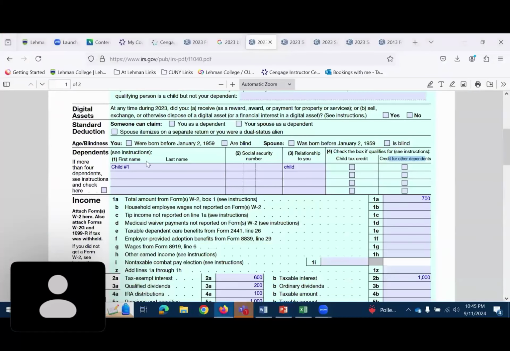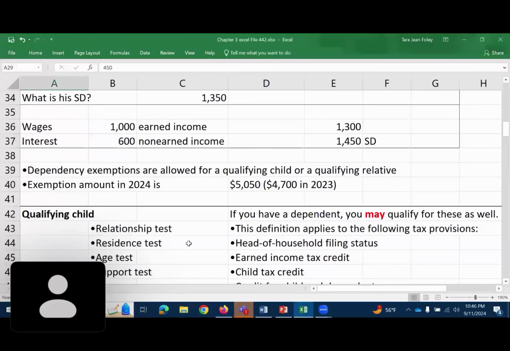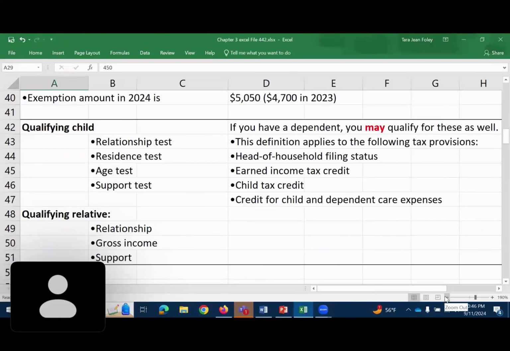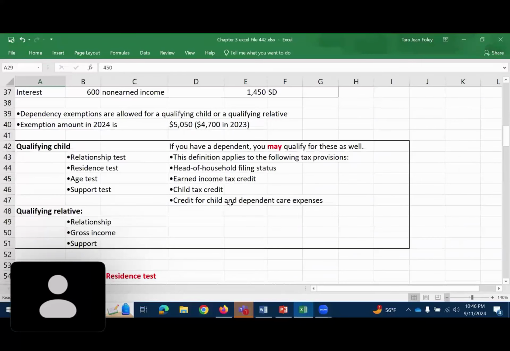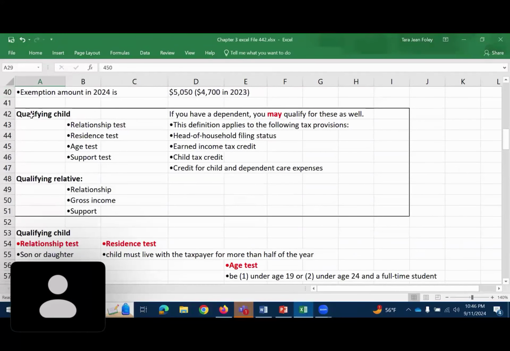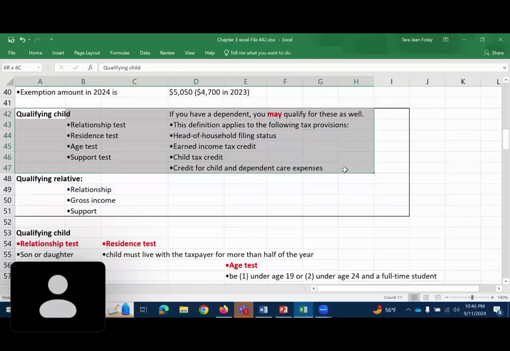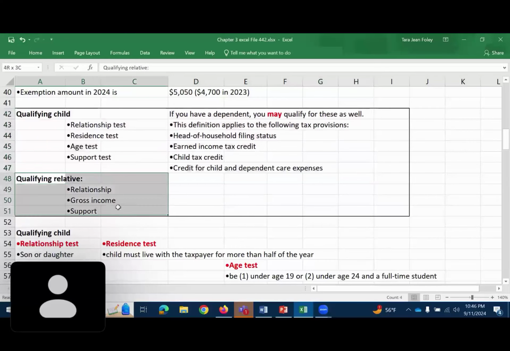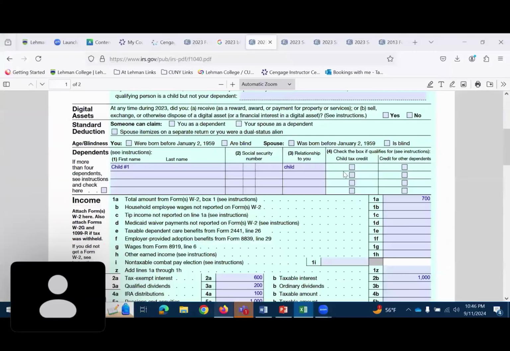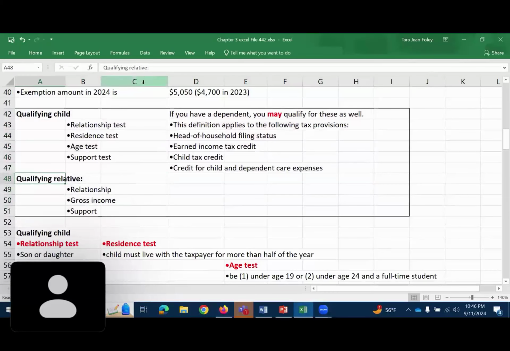So what makes this child qualify for the child tax credit? And if they don't, can they qualify for a credit for other dependents? It's very tricky, but we're going to look at all of this. If I make this smaller, you'll see the qualifying child has these tests. The qualifying relative has these tests. Qualifying child, qualifying relative or other dependent.